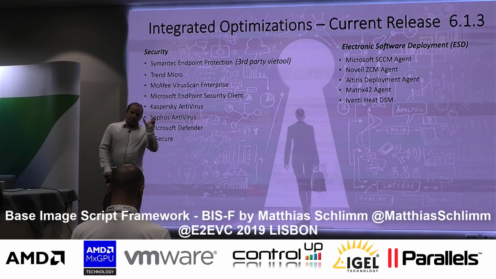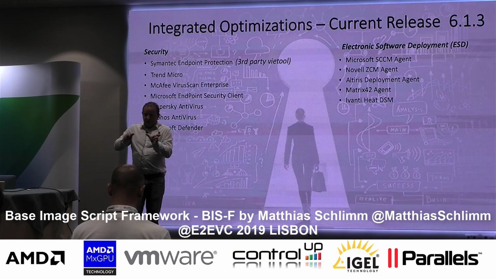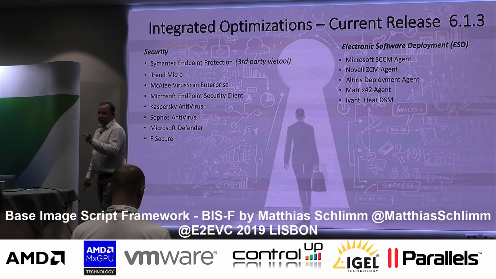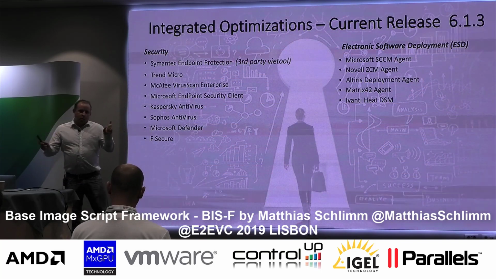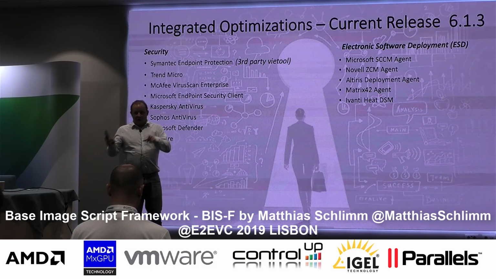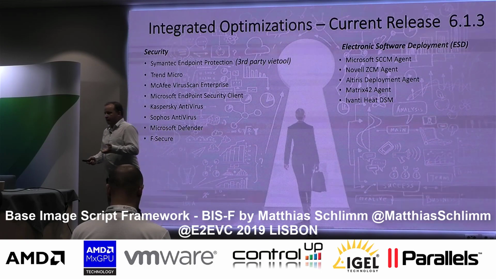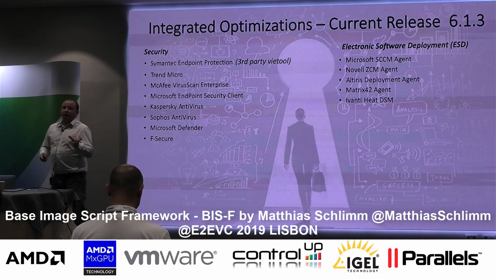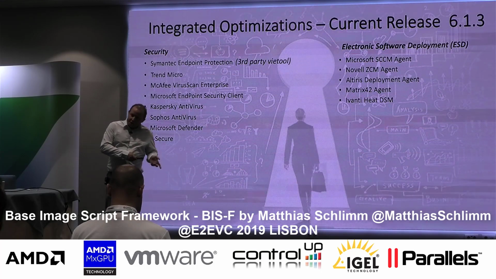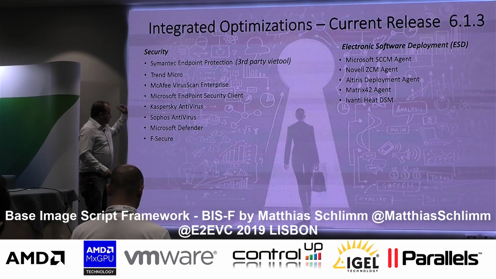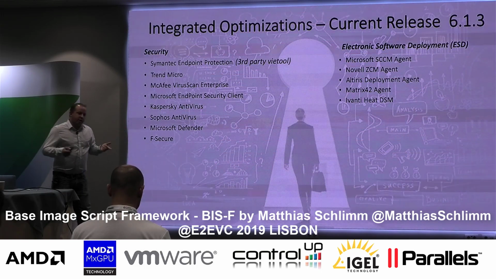We use a static prefix, like zeros followed by a minus, and then we attach the MAC address to this unique identifier, write it to the registry or files, and then we start the service. This is easy to use, and every time the machine boots up, it gets the same identifier, and you have the same entry on your management server. This works for most of these security antivirus vendors, so it's also mostly best practice.